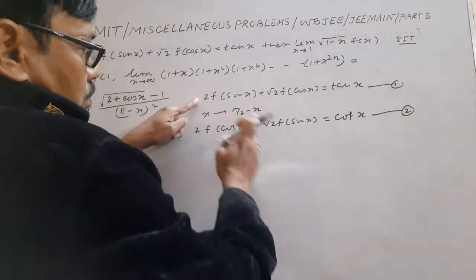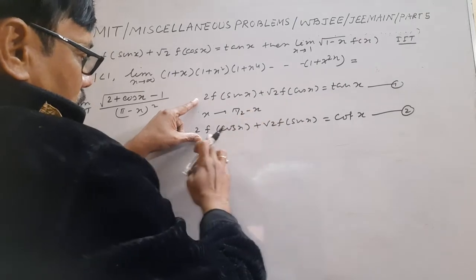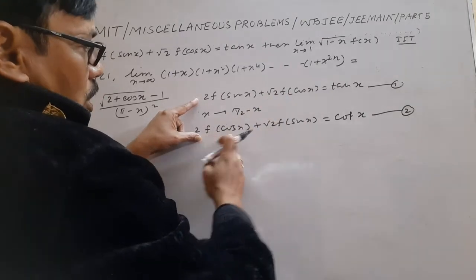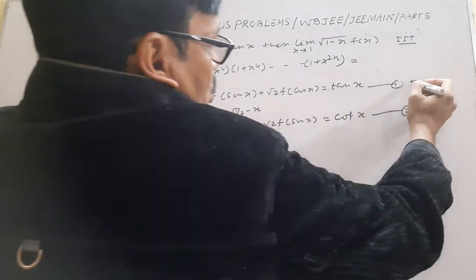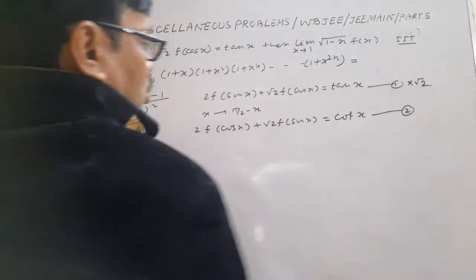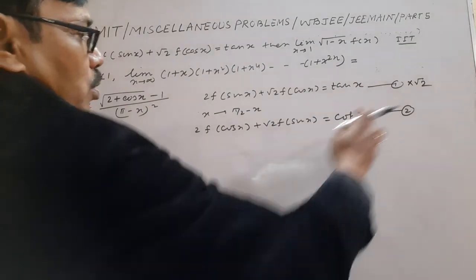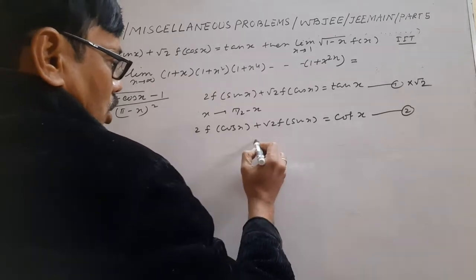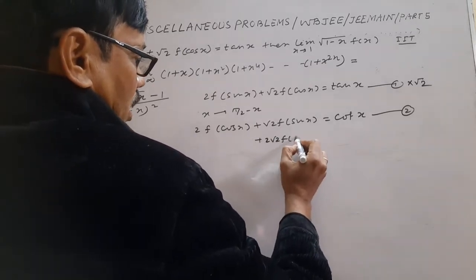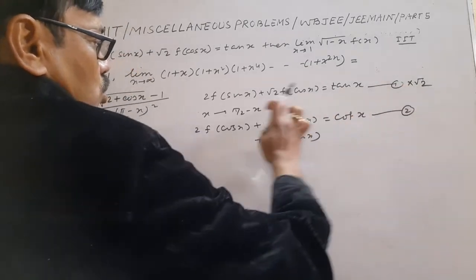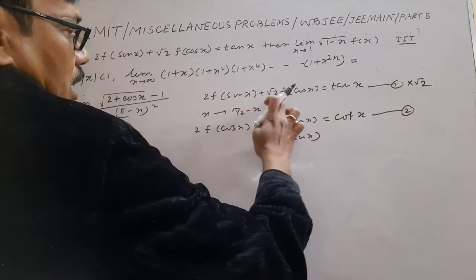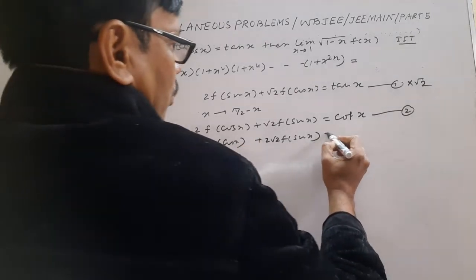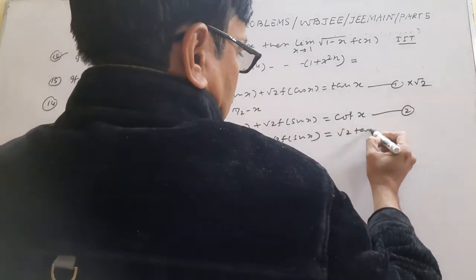Now our main aim is to find f(x). So we try to cancel f(cos x). Both equations have 2f(cos x), so the first is to be multiplied by √2. If we multiply this by √2, we get 2√2 f(sin x) + 2f(cos x) = √2 tan x.